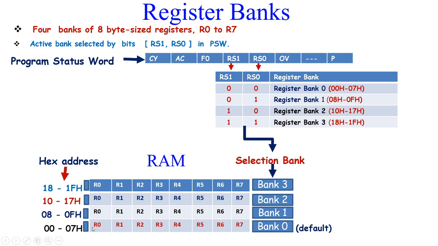Register R0 has address 00, register 1 has 01, and like this, register 7 has the address 07H. Similarly, R0 of bank 1 has address 08H and R7 has address 0FH, and similarly for the other registers. In total there are 32 byte registers in the register banks.